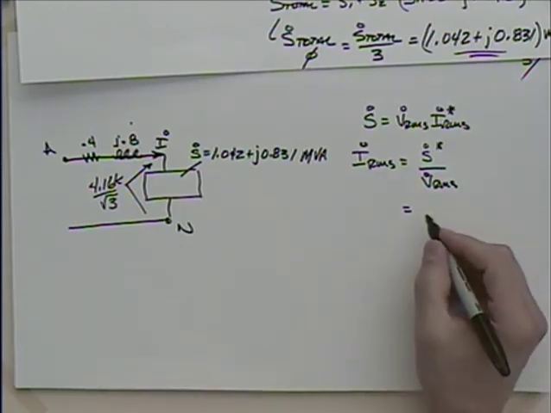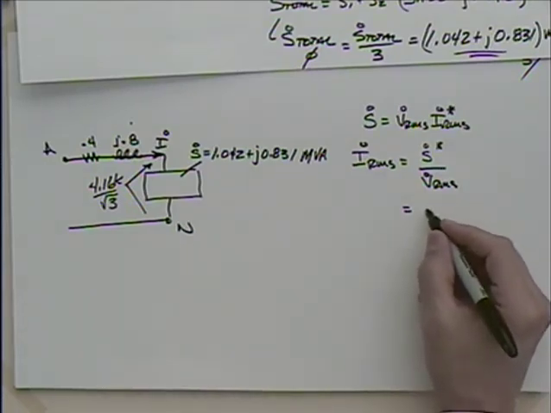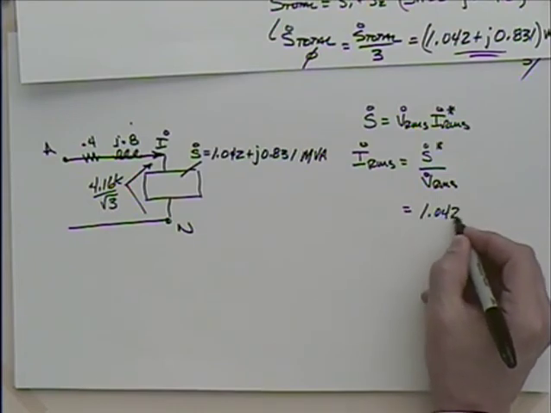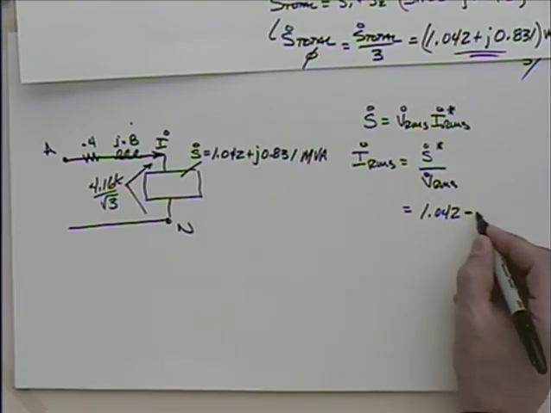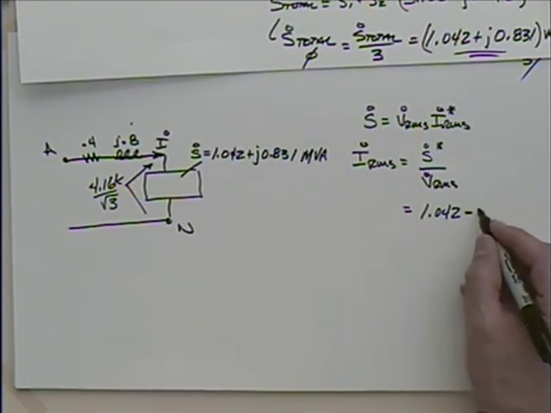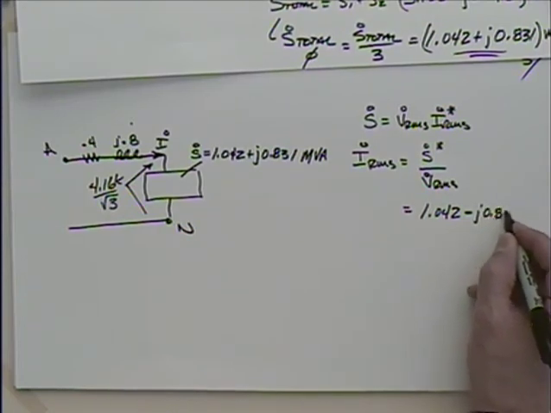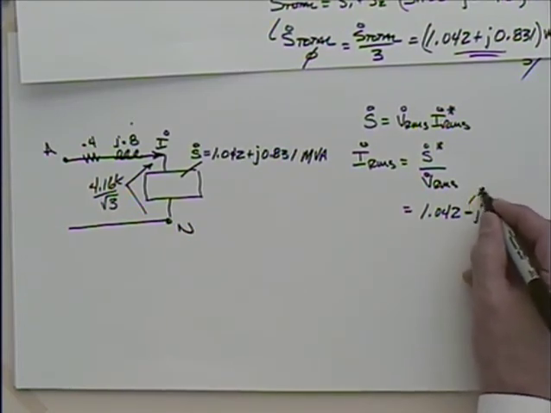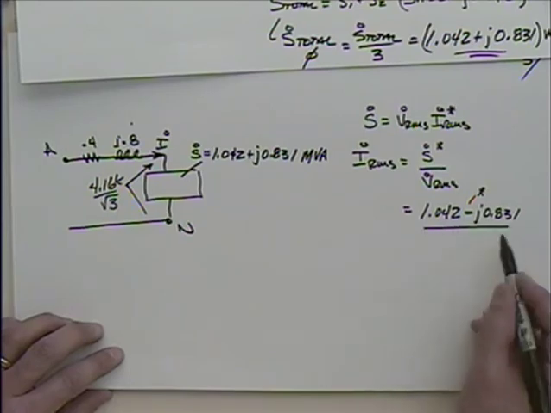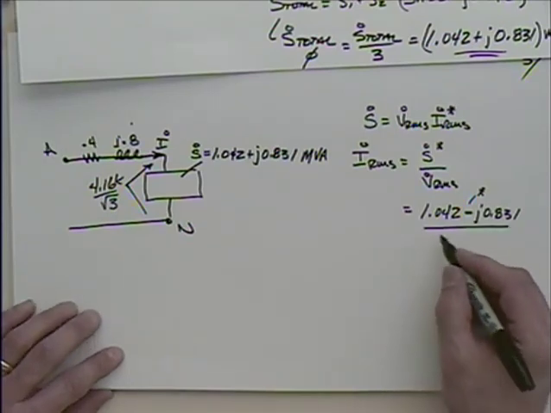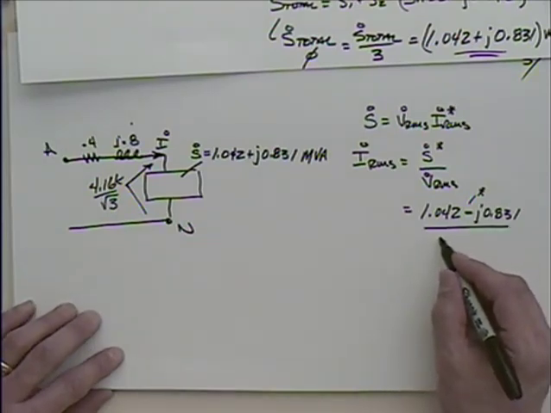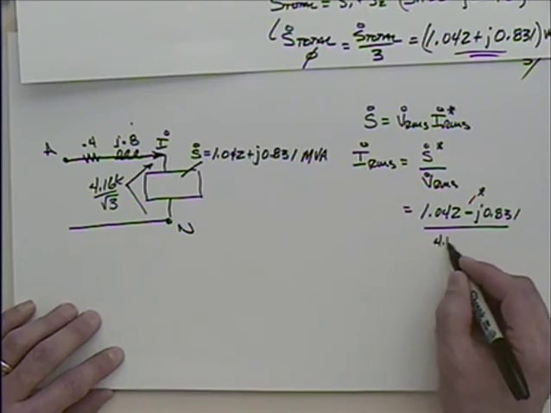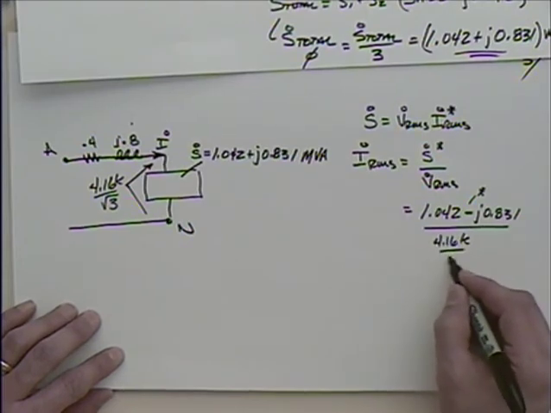Okay, so what's S on this thing? 1.042, and then because I'm going to do the conjugate, I've got minus j 0.831. That's from the conjugate there. And then I'm dividing by the voltage, which we said was 4.16 k divided by the square root of 3.